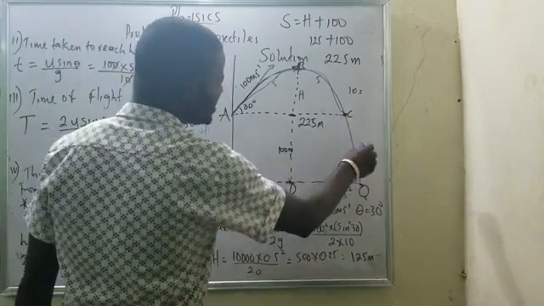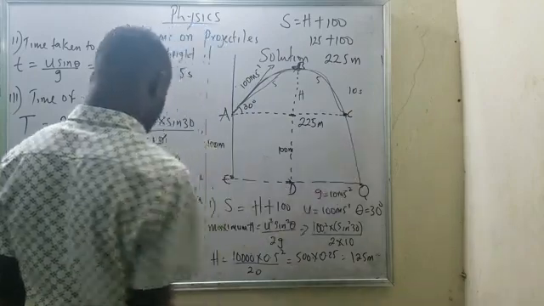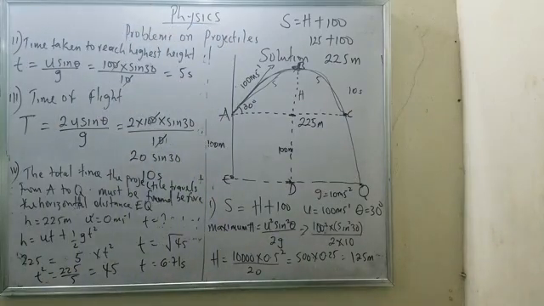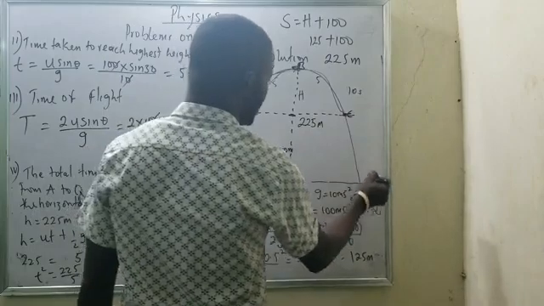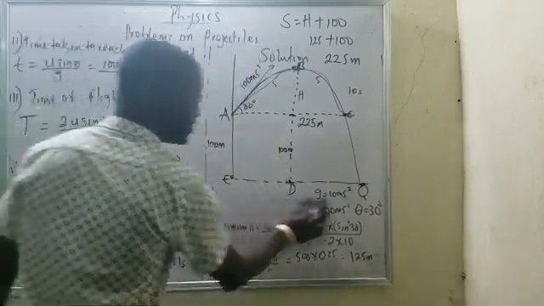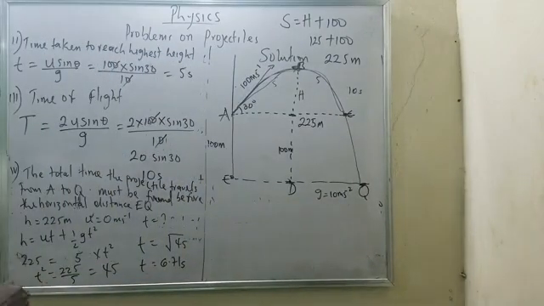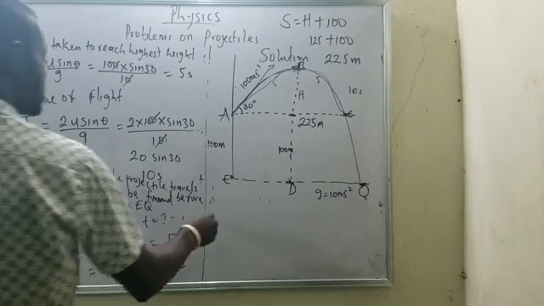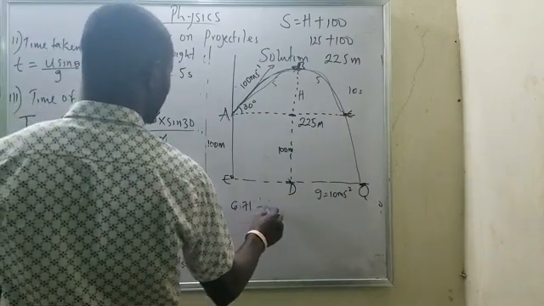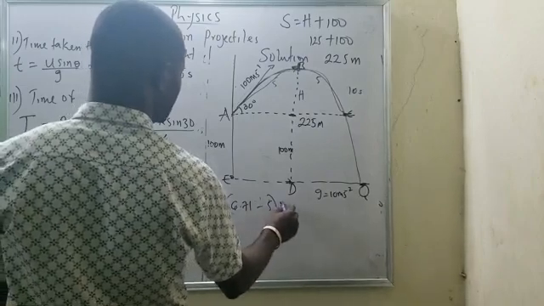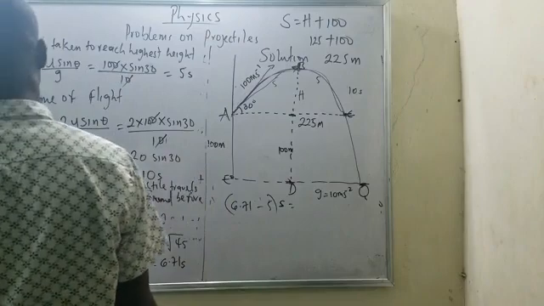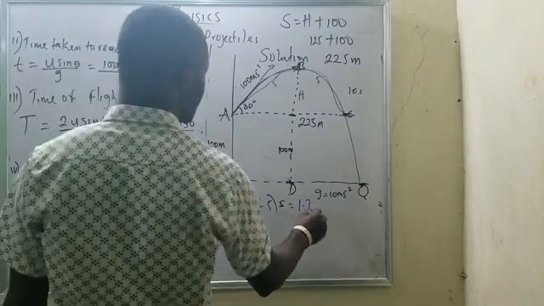Now, from here to here, it will be 6.71 minus 5 seconds, which will be equals to 1.71 seconds.